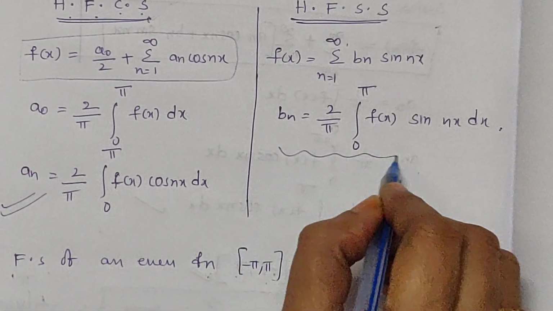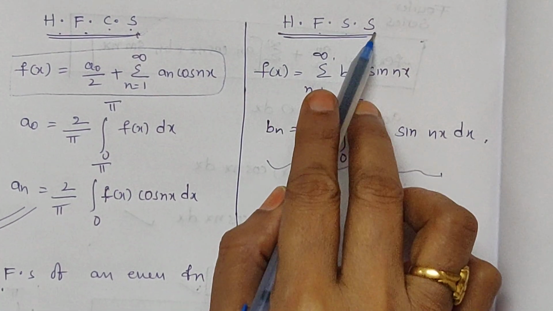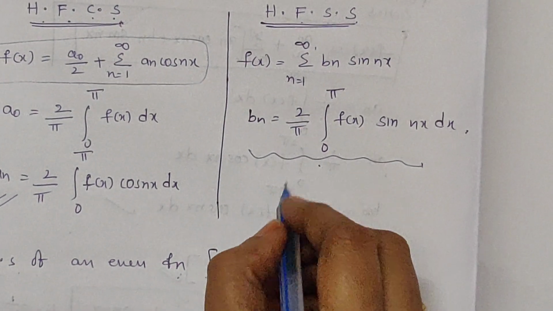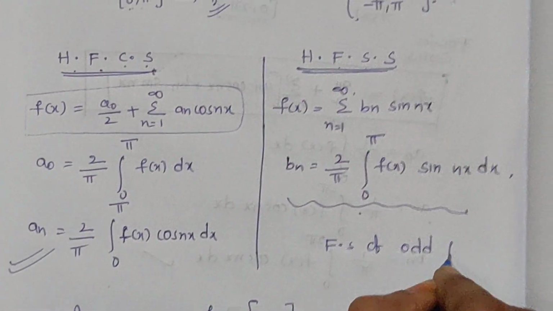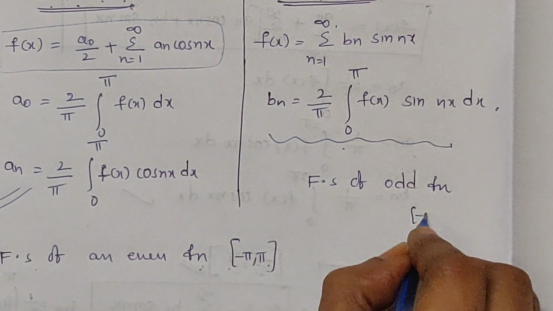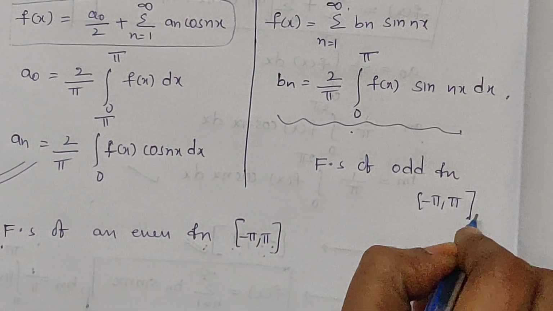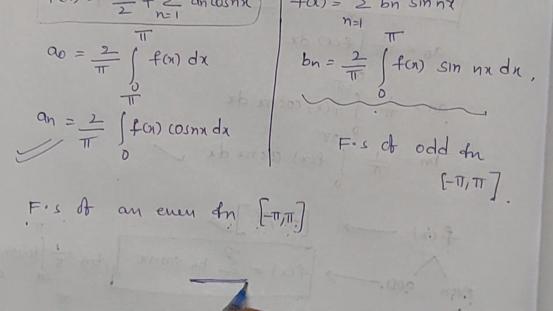And the half range Fourier sine series coincides with the Fourier series of an odd function defined in the interval minus pi, pi. This completes the formulas.